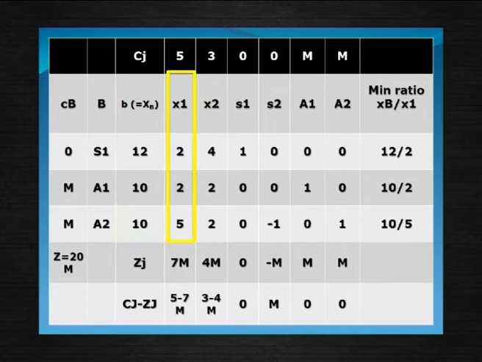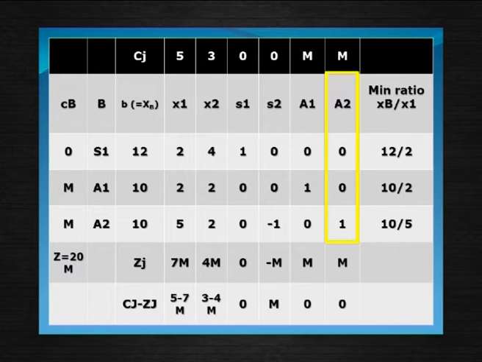The values of X1 are 2, 2, 5. The values of X2 are 4, 2, 2. The slack variable S1 is 1, 0, 0. The surplus variable S2 is 0, 0, minus 1. The artificial variable A1 is 0, 1, 0 and A2 is 0, 0, 1.